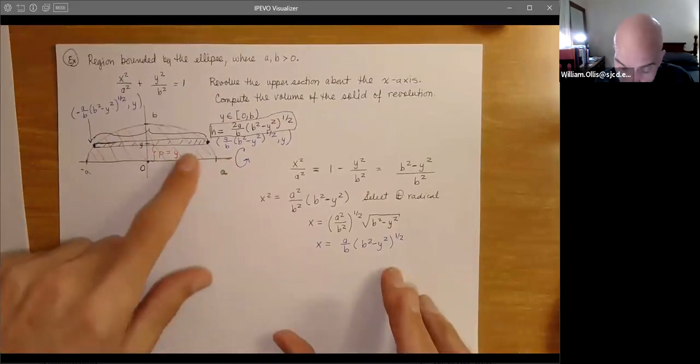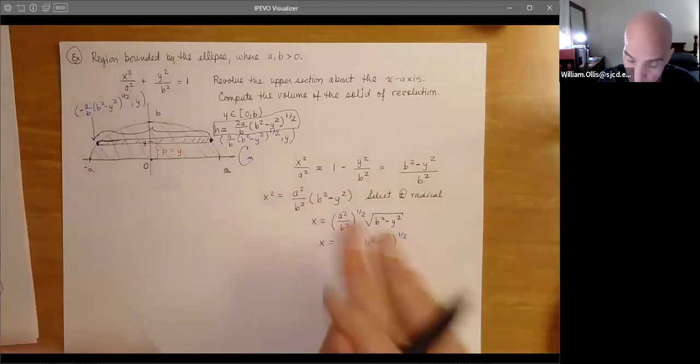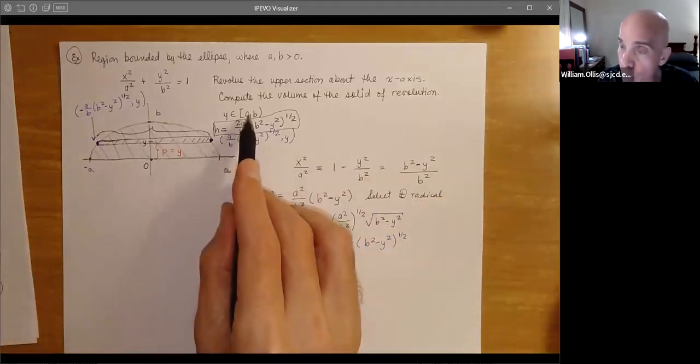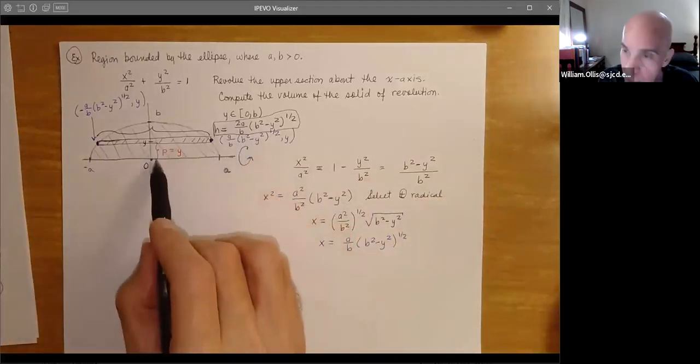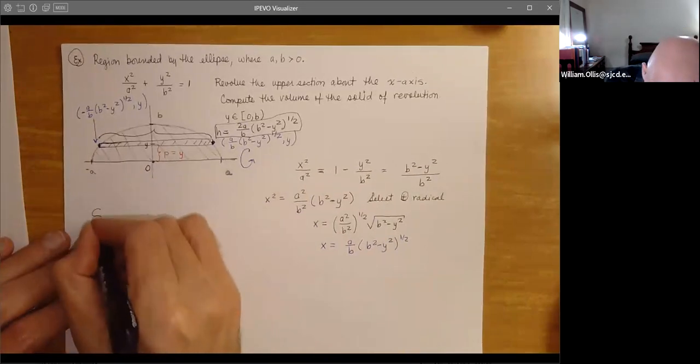So now when we look at this, we're thinking, okay, shell method. We've got all the particulars here. We have the interval of integration, we have the distance to the axis of revolution, and we have the length of the strip. So now, shell method.